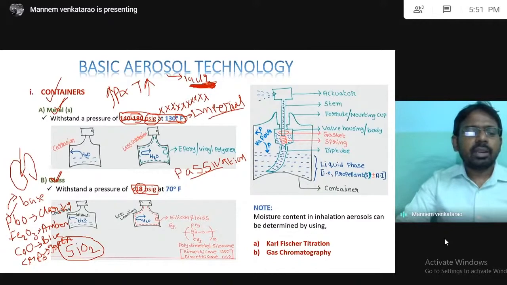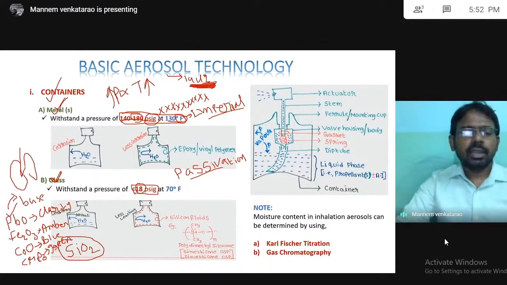In amber color glass, ferric oxide is waiting on the glass walls to interact with water. Next, in blue color glass, cobalt oxide. In green color glass, chromium oxide. Once water touches the glass walls, immediately all these metal oxides jump into the water. Thereby, the product pH will be drastically increased, and the product becomes unstable.